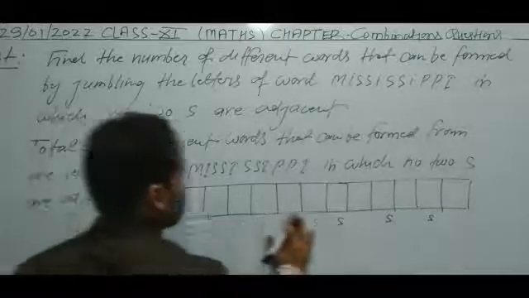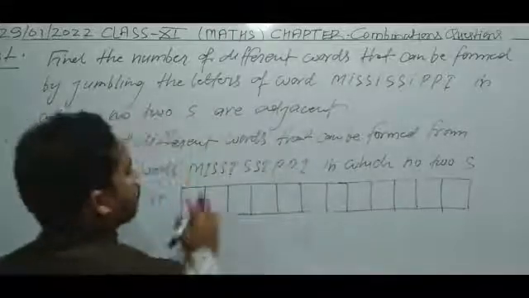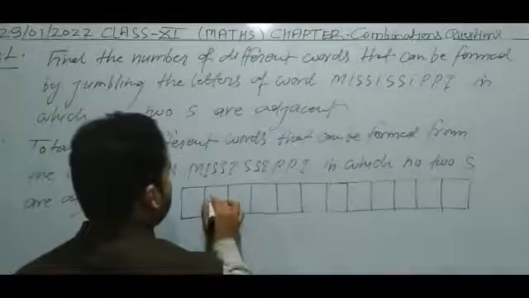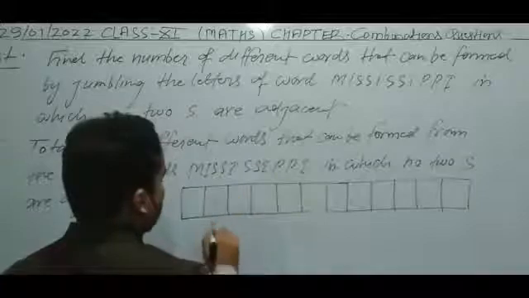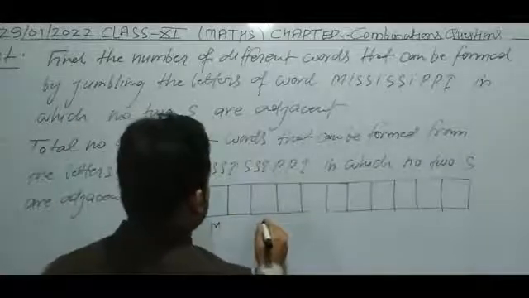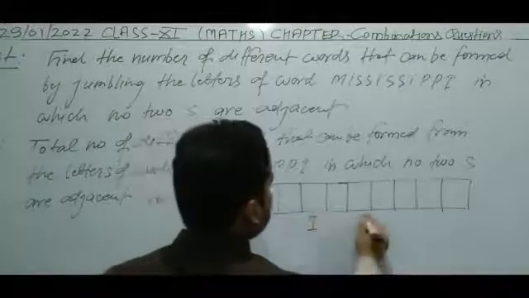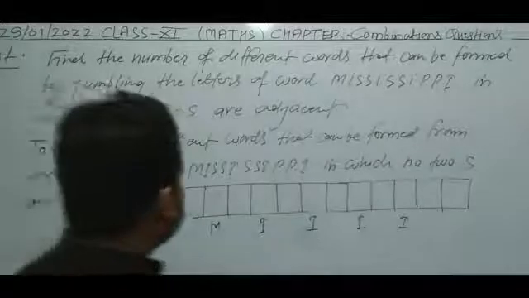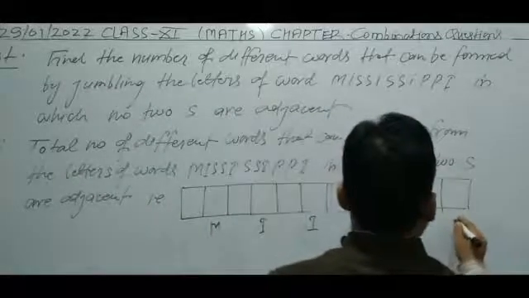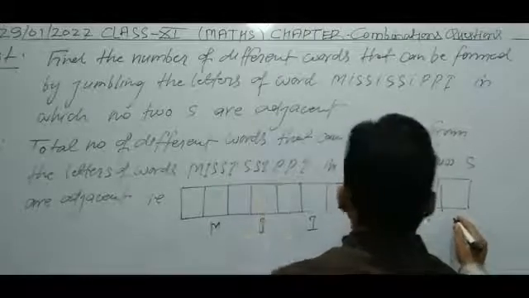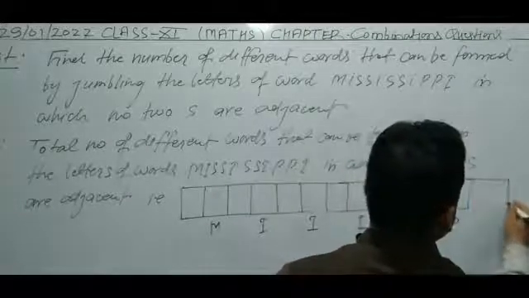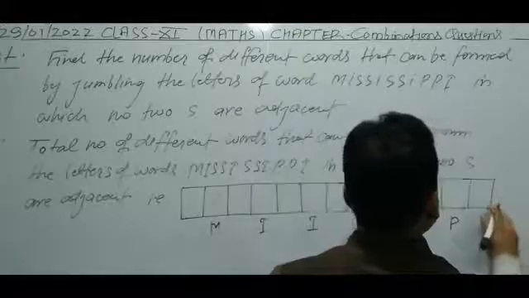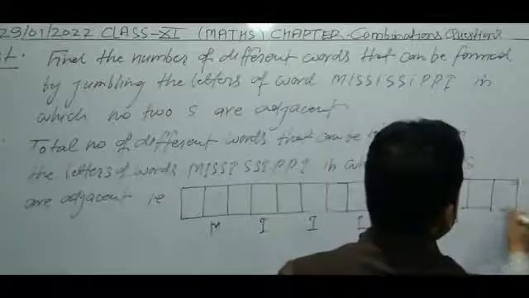There are 7 letters excluding S: M, then I at alternate places, and now I and PP, P and P.